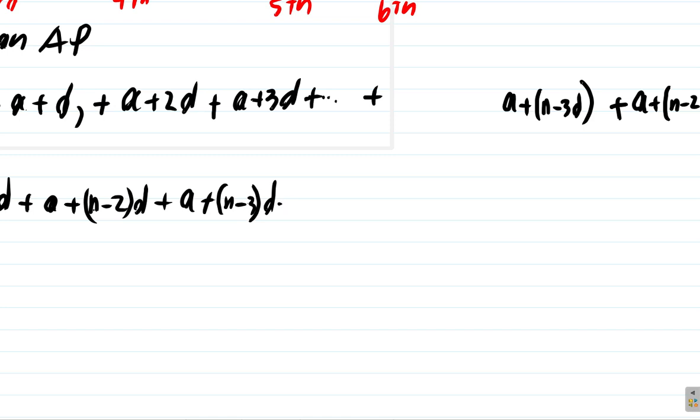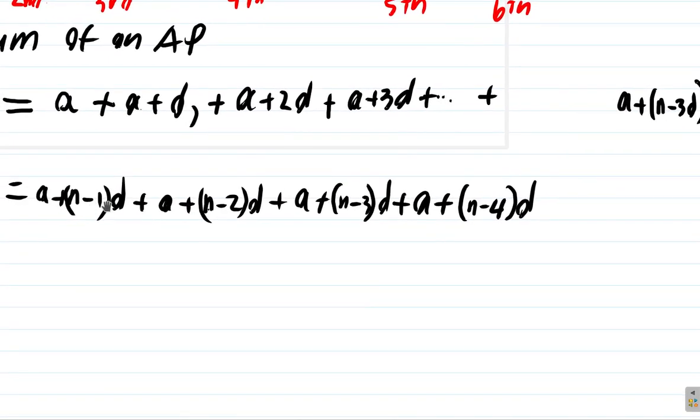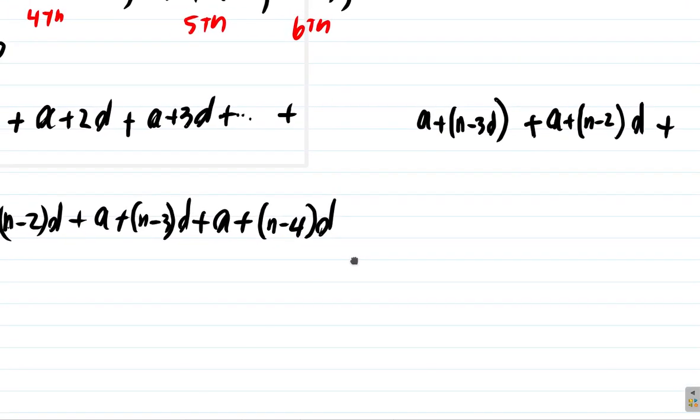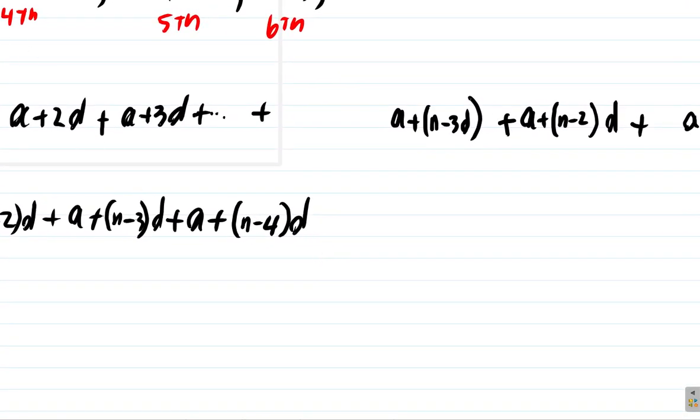It would be plus a plus n minus 4d. So we have the last term, a plus n minus 1d. Second to last, a plus n minus 2d. Third to last is a plus n minus 3d. Fourth to last is a plus n minus 4d. And so on and so forth. Right?